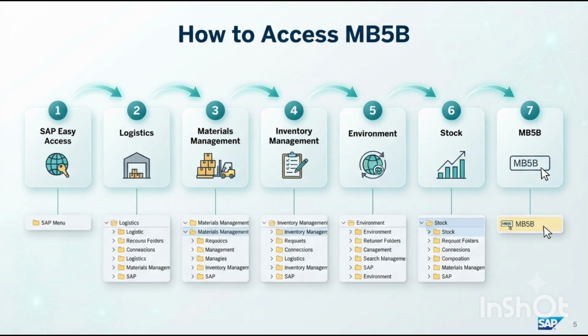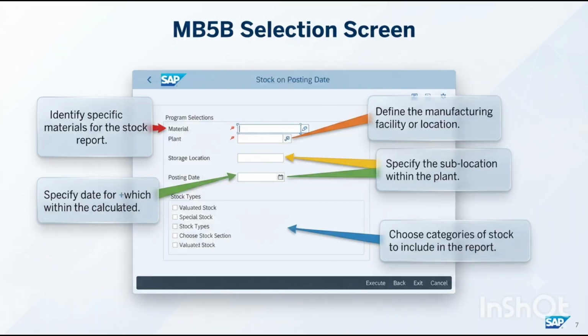Let's now explore the selection screen of MB5B in detail. So now in the coming picture you can see this is the MB5B initial selection screen. The most important fields are material number, plant, and posting date. You can enter storage location, batch, valuation type, and special stock indicators.